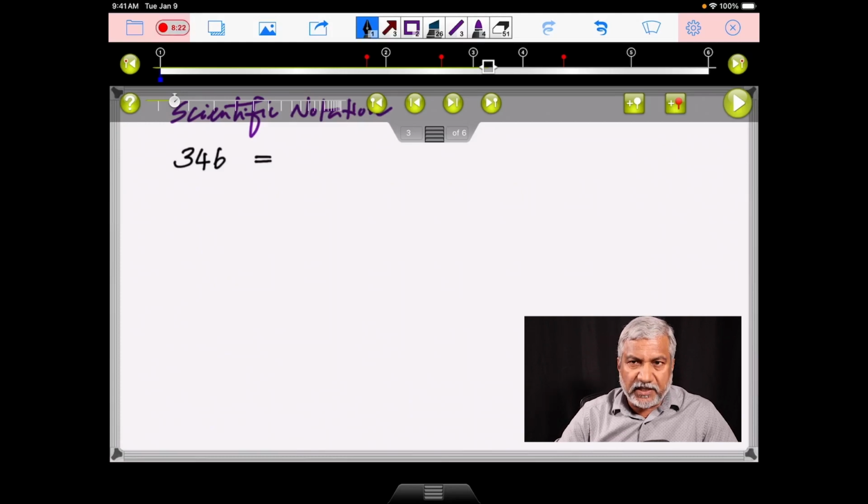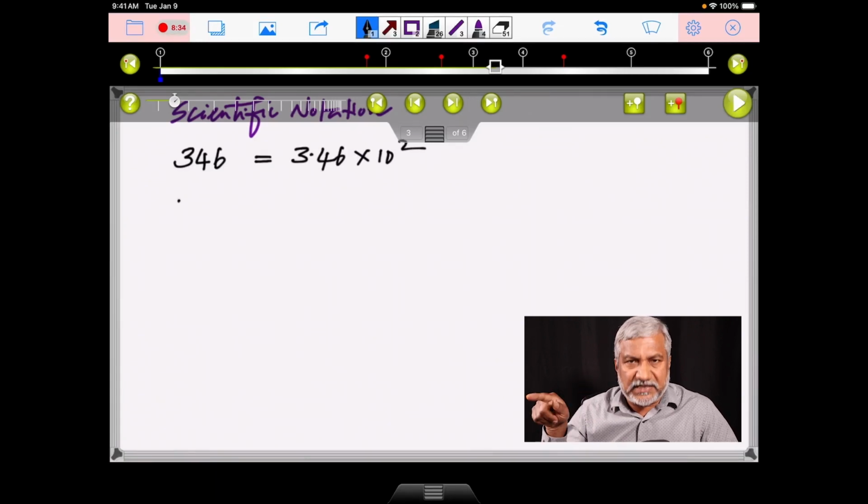But that's not the number given. So you got to multiply it with 10 to the power 2, because we have to move the decimal point 2 places to the right in order to get to 346. So the decimal is between 3 and 4, and to get to 346, you got to move it 2 places to the right. So that's why 10 to the power 2.